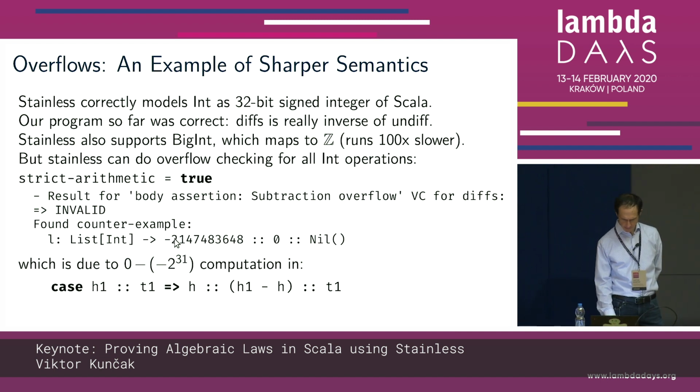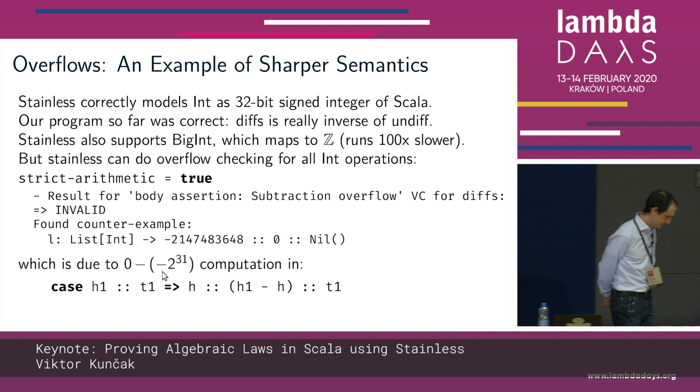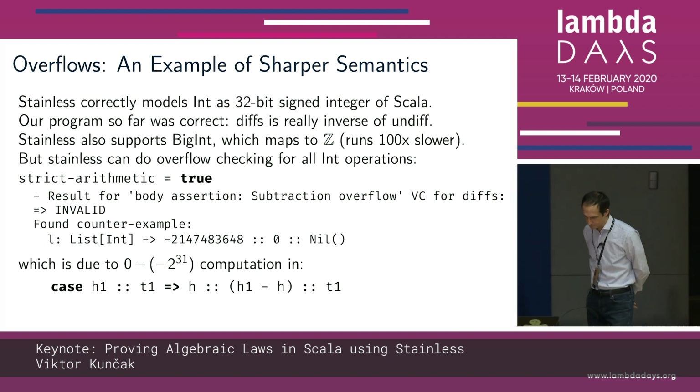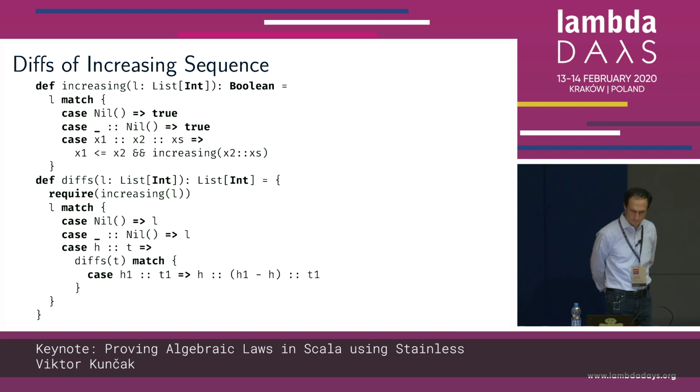So in this particular input, you have a subtraction, so you need to compute 0 minus this number, and this number is minus 2 to the 31, which is just a bit too small to be representable when you flip its sign. Okay, and that's why you get this error.